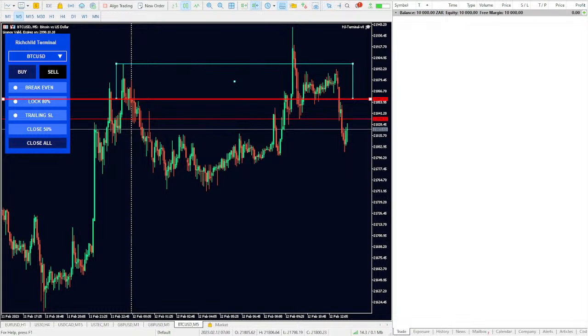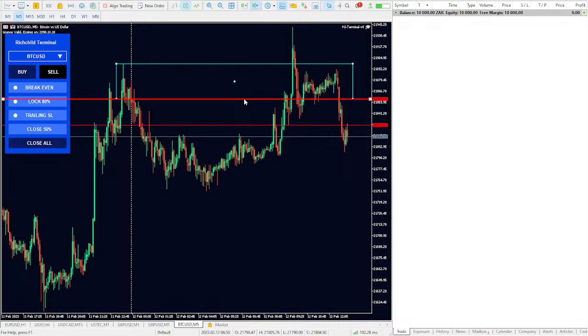Okay, so instead of doing that, we are going to enter our trades in what is called a phased entry. A phased entry is that we don't enter our position at once, but we enter our positions in phases.